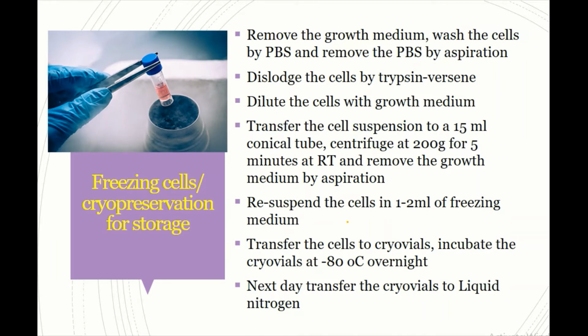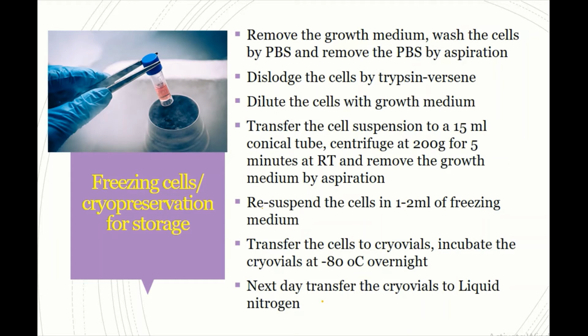Then you remove the growth media again. Then you resuspend the cells in what we call a freezing media. So we are removing the growth media; the process before the freezing medium is simply to clean them and ensure that we have eliminated all the growth media. And then you transfer them to cryovials, and incubate them overnight at negative 80 degrees Celsius.